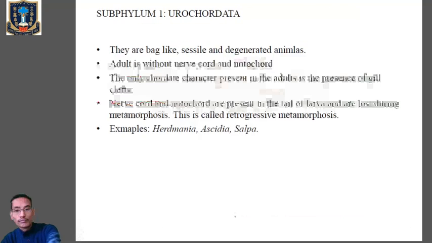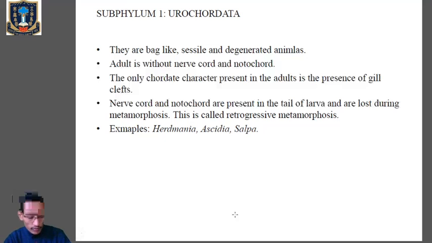Now we will see the characteristics of the first subphylum, that is Urochordata. Let's check out the characteristics of the subphylum Urochordata, also called Tunicata, because they have a tail with a rod-like structure. Uro means tail and chorda means rod. So what are the special features of these organisms? They are bag-like, they are sessile, meaning they are not able to move, and they are degenerated animals.